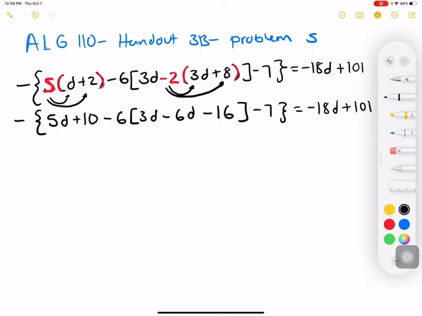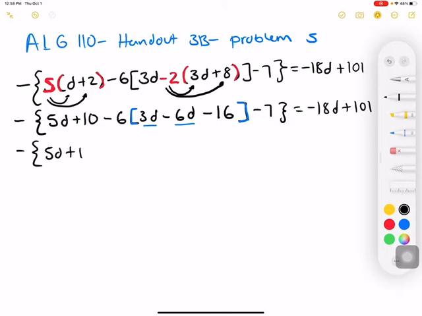Okay, so you get rid of one parenthesis, and the next thing that I recommend you do is combine like terms inside the parentheses that you have. In this case, the only place I can combine like terms is inside these brackets over here. I have 3d, and I also have negative 6d, so I can combine those two into one term, and this is what I'm going to do right now.